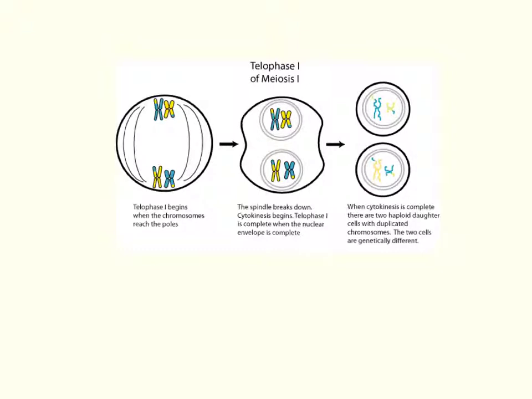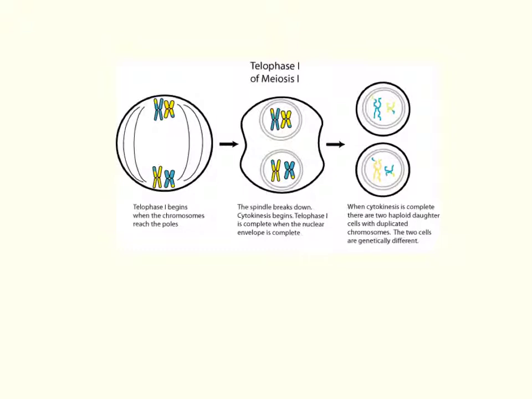The cell then separates into 2 separate cells, and the 2 cells produced by meiosis 1 have chromosomes and alleles that are completely different from each other and from the diploid cell that had entered meiosis 1 in the first place. These 2 new cells can be dubbed as 2 haploid daughter cells, which have duplicated chromosomes and evidently appear after cytokinesis has completely finished taking its course.